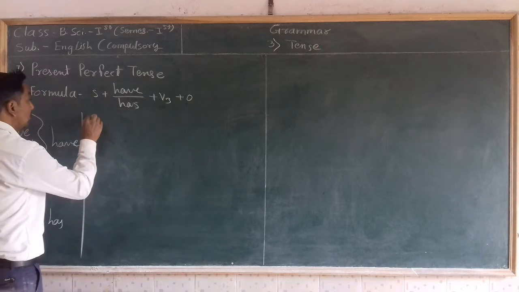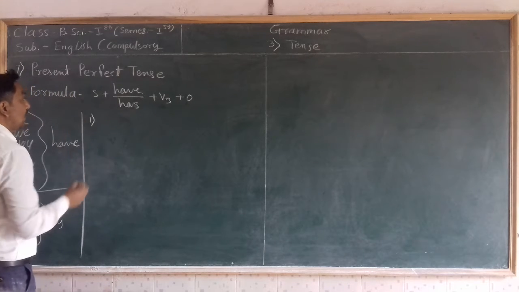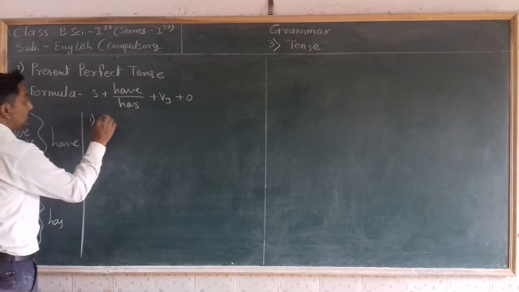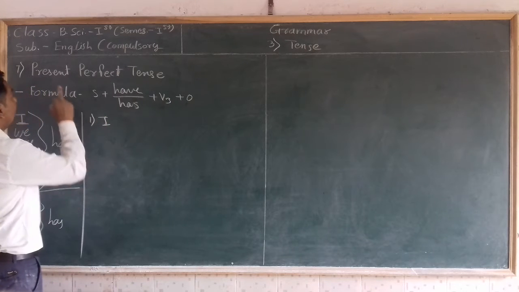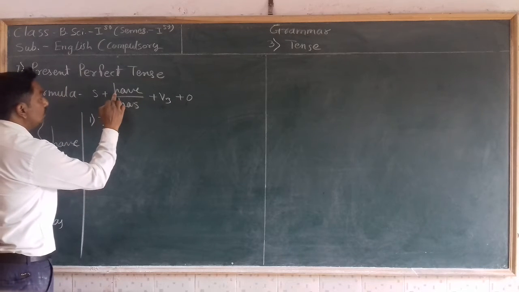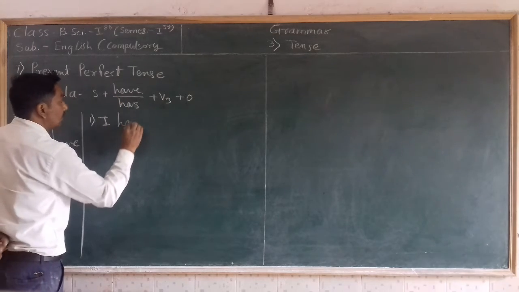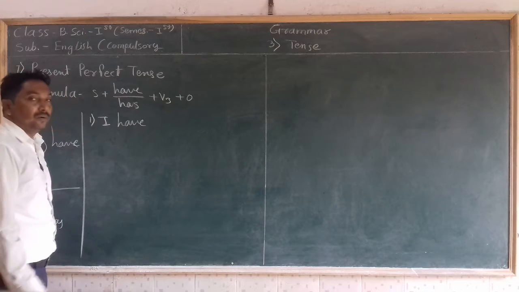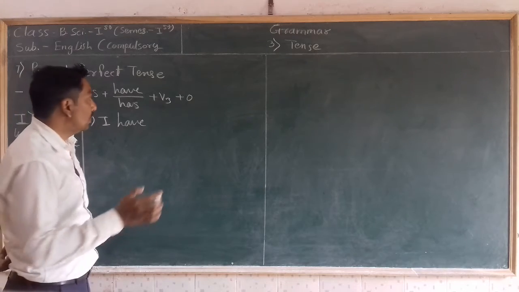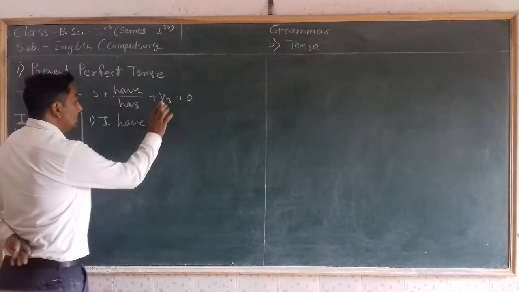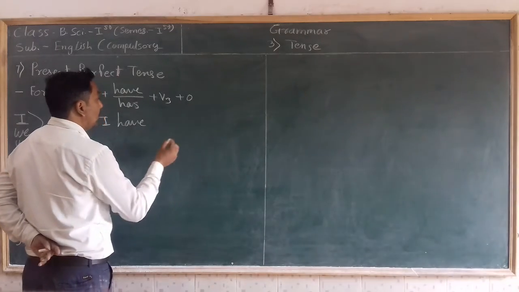So let's take one sentence. Suppose I will take a subject I. So after I, in present perfect tense, we need to use have or has. So after I, we can use have. Then any V3, third form of the verb or the past participle of the verb. Suppose I want to take a verb write.